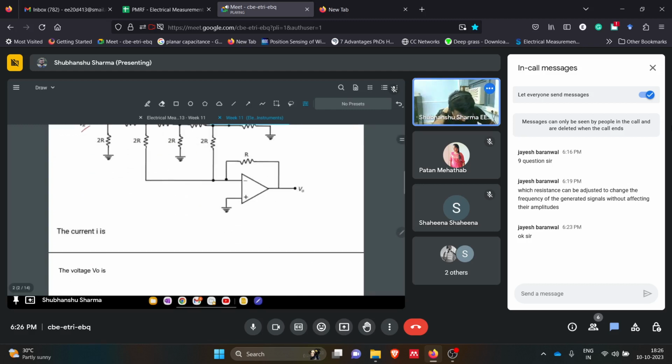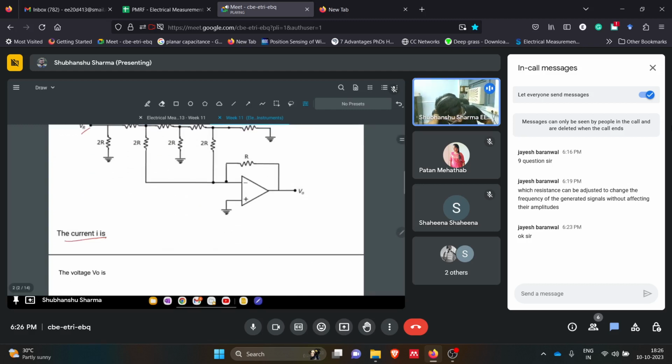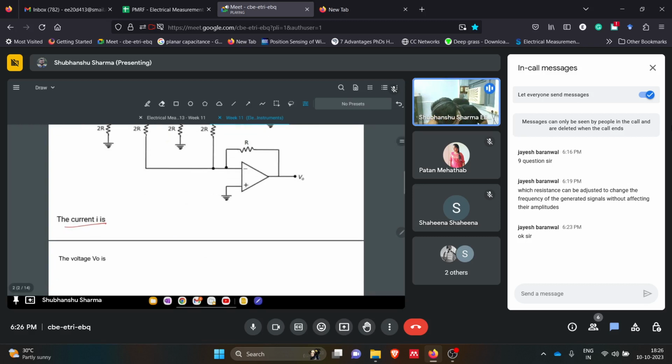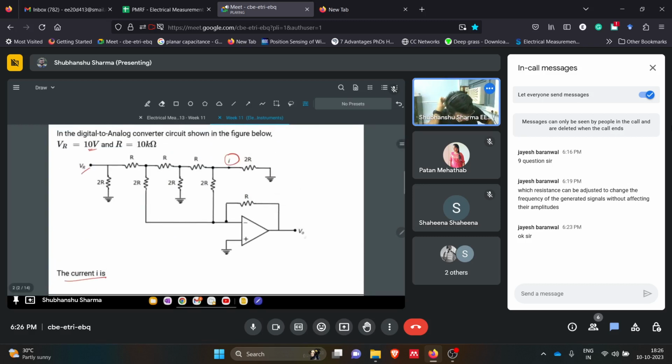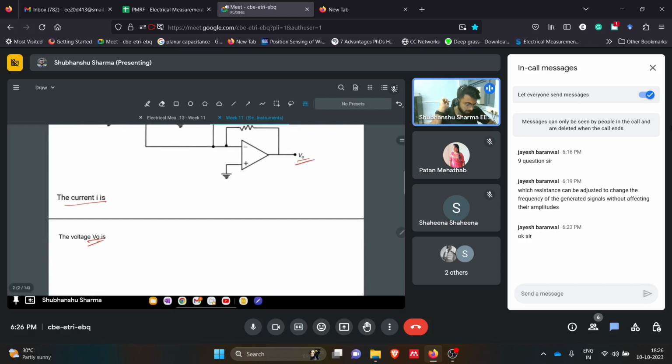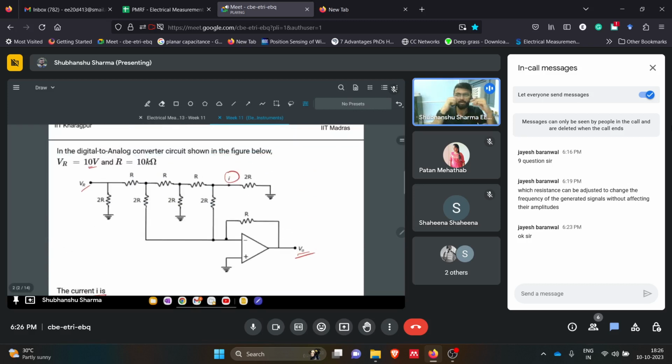We have to calculate the current I, and we have to calculate V naught. Just see how you can solve that. I'm giving you some time, so just go through it and try to solve. It's easy only.